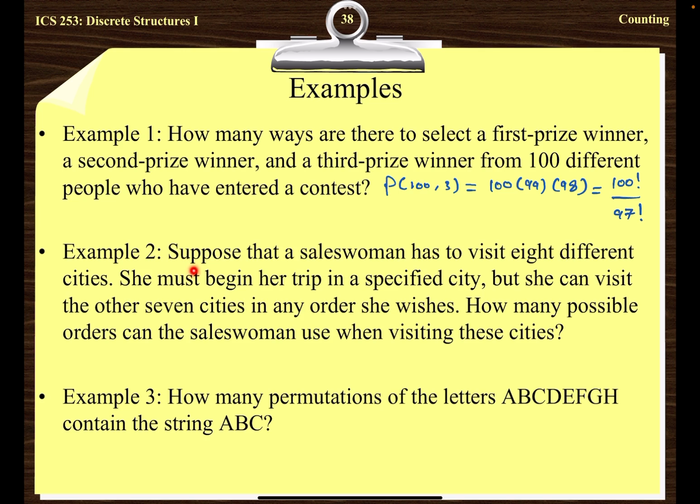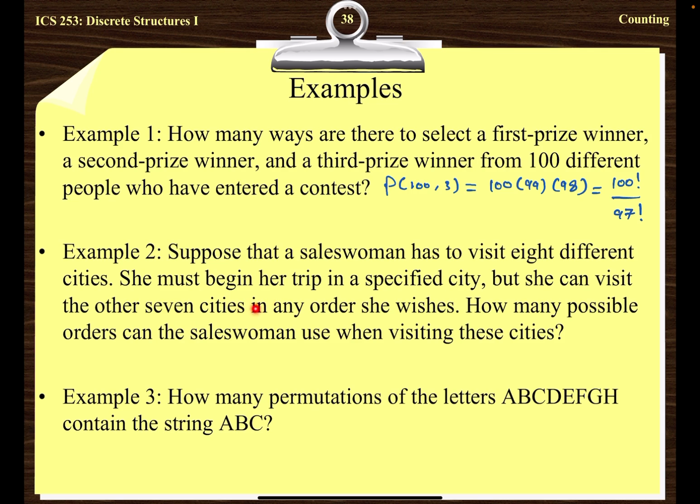Okay, example 2. Suppose that a saleswoman has to visit 8 different cities. She must begin her trip in a specified city, but she can visit the other 7 cities in any order she wishes. How many possible orders can the saleswoman use when visiting these cities? 8 factorial? What do you think? 7 factorial. Why 7 factorial?